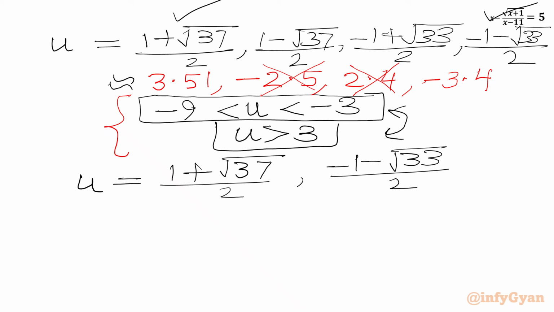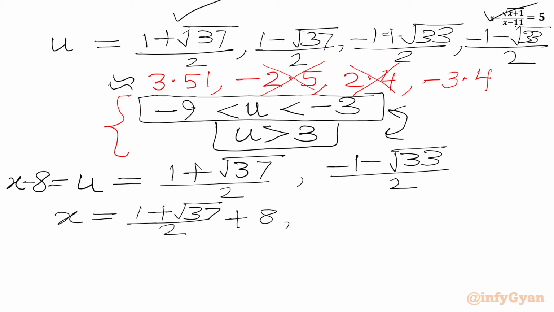Now u was our substitution, x − 8. So I will write here, this is equal to x − 8. Now we will add 8 to both sides. So x will be equal to (1 + √37)/2 + 8 and (−1 − √33)/2 + 8.